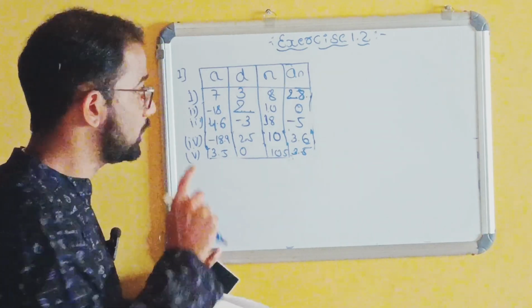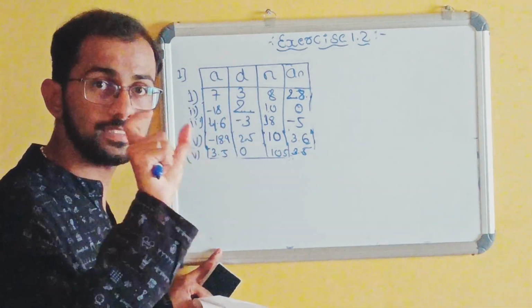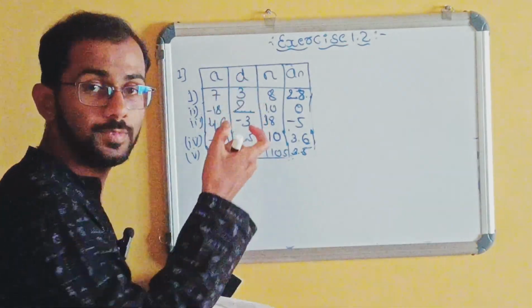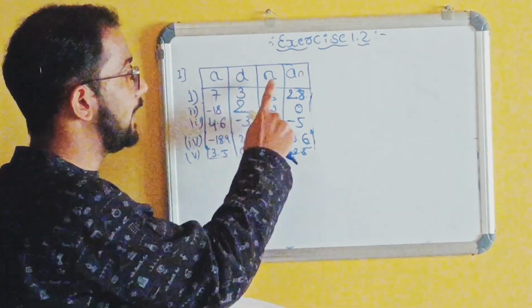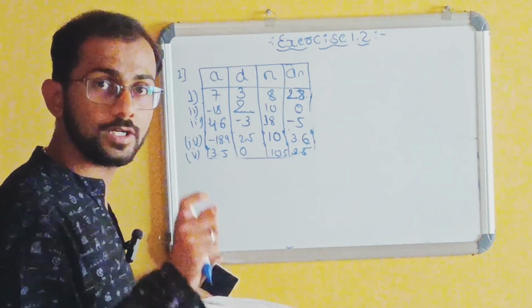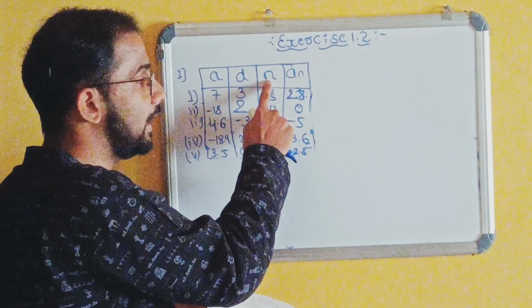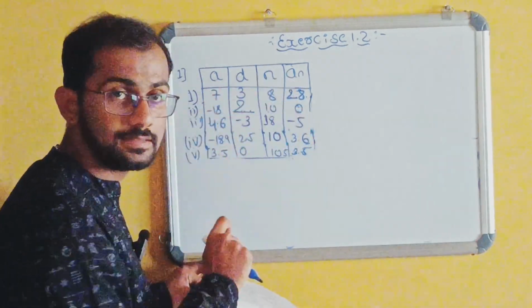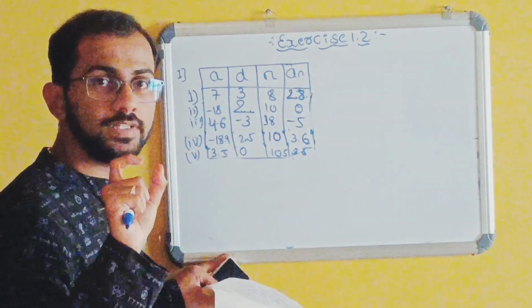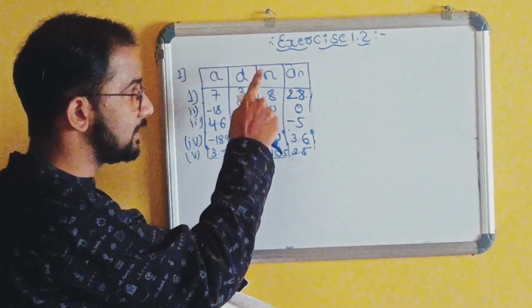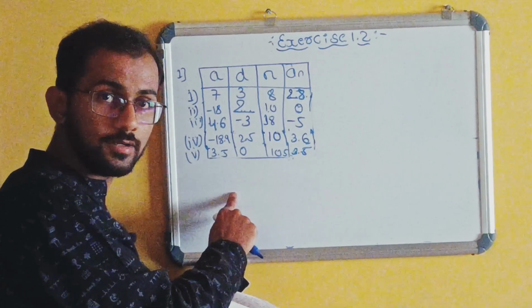A stands for first term, D stands for common difference, the difference between two consecutive terms, and N means the number of terms in the sequence. AN means the last term of the AP, that is the nth term of the AP. So all the information is given in this question.